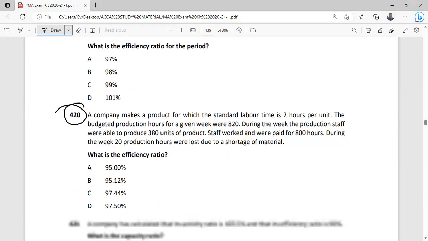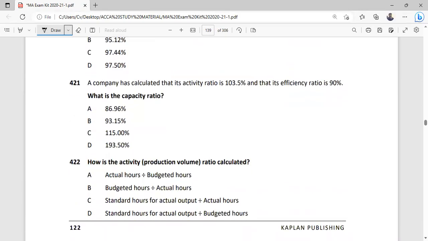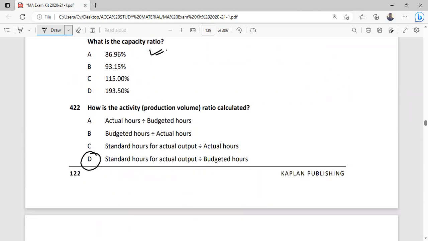Do not invest too much time on it. The same formula applies to this question. Productivity volume ratio is calculated by what? It is the one where we use standard hours for the actual output divided by budgeted hours multiplied by 100.